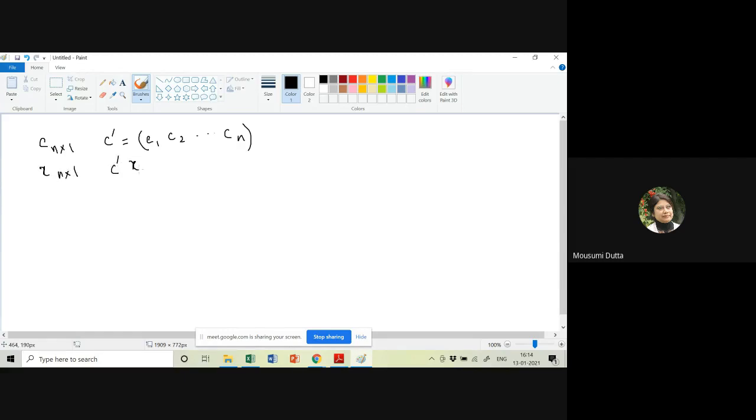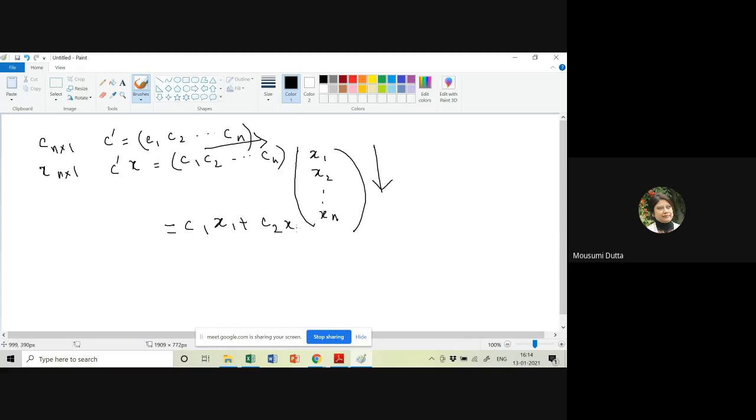So C prime x will be multiplied, the rule is like this. Yes, ma'am, got it.